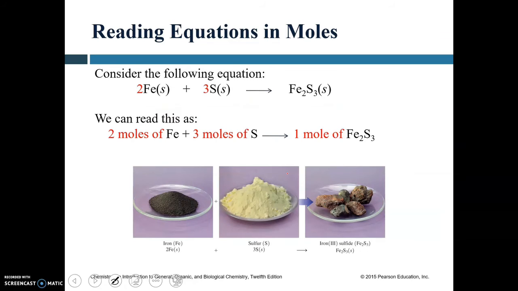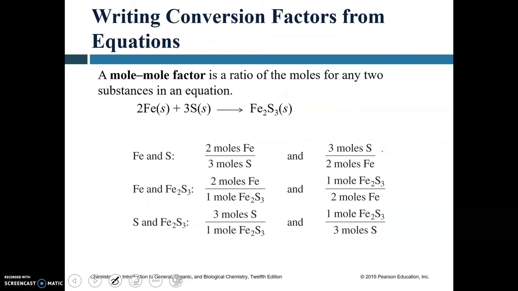The mass of products here is equal to the mass of reactants. So in this reaction, where 2 atoms of iron interact with 3 atoms of sulfur, forming 1 molecule of iron 3 sulfide, it can be read this way: 2 moles of iron interact with 3 moles of sulfur, forming 1 mole of iron 3 sulfide. The mole-mole factor is a ratio of the moles between any 2 substances in an equation.